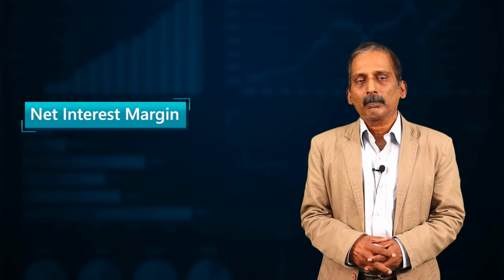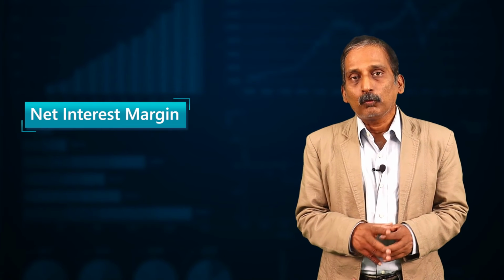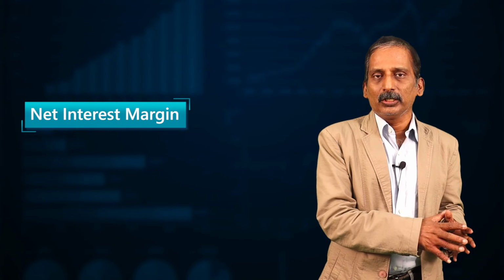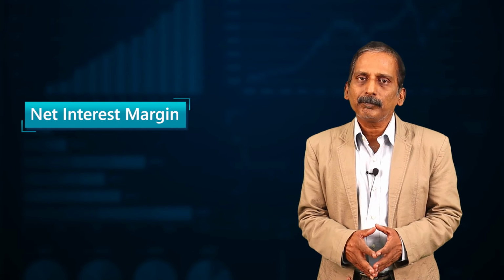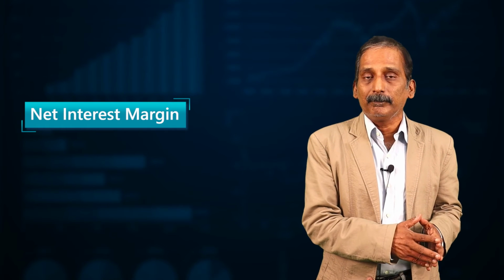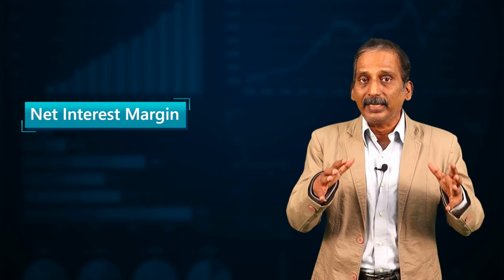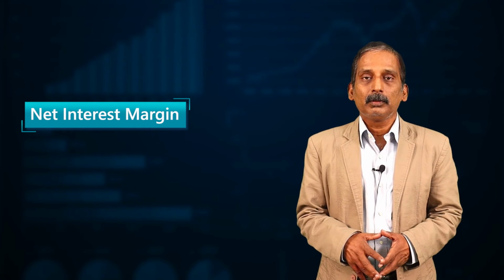The fourth ratio that you must look at is called the net interest margin. I guess I forgot to tell you, for a bank, the raw material is money, the finished product is money. Let me explain. A bank raises money from you and me and lends that exact same money to people like you and me.